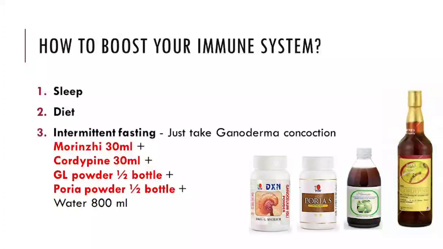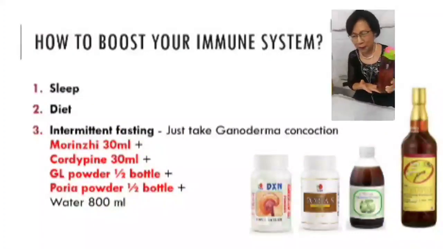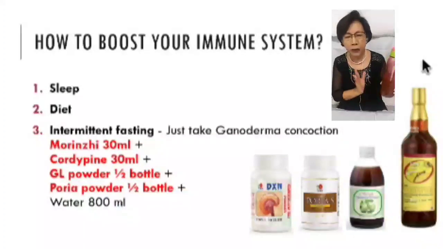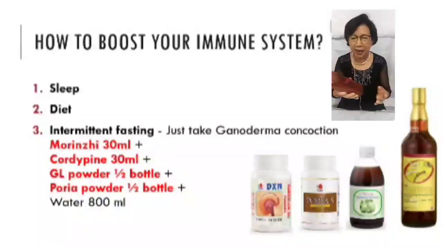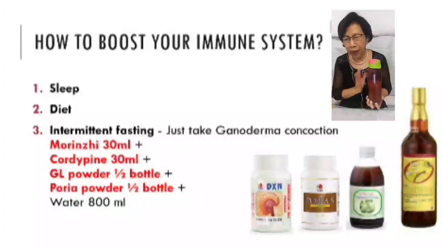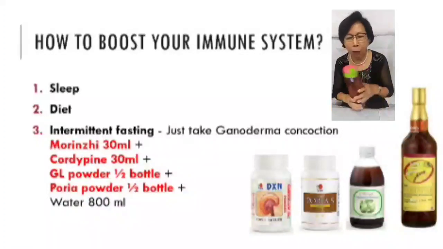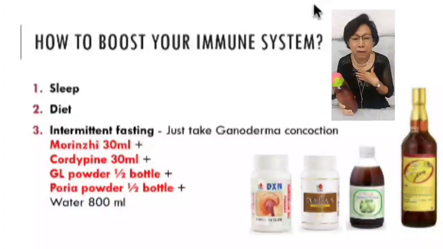Normally I will take a concoction: Morinzi 30 ml, Codipine 30 ml, gel powder half a bottle, Poria half a bottle, and water 800. From morning to noon, I drink this concoction throughout my fasting time. But of course, you can choose your own favorite concoction.